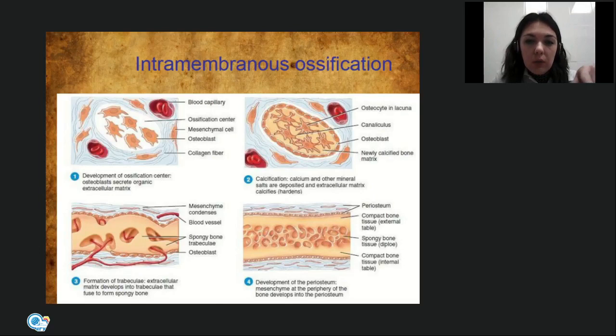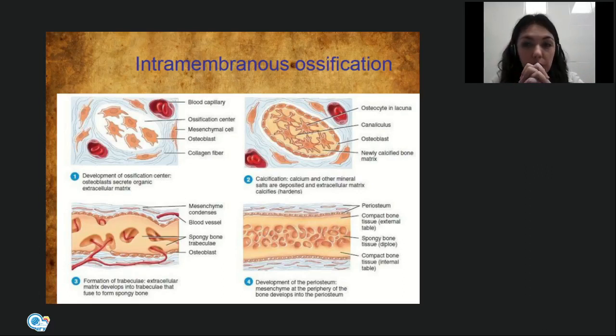In the second stage, calcium and other mineral salts are deposited inside the extracellular matrix, and it calcifies and becomes hard. When all the matrix that surrounds osteoblasts gets calcified, the osteoblasts are transformed into osteocytes. Osteocytes have processes, outgrowths, and they are connected with each other and form a network.